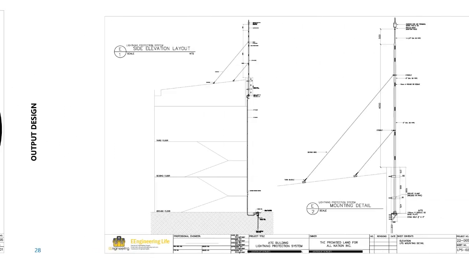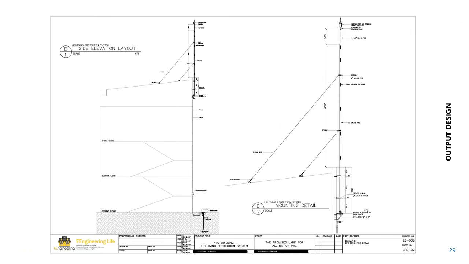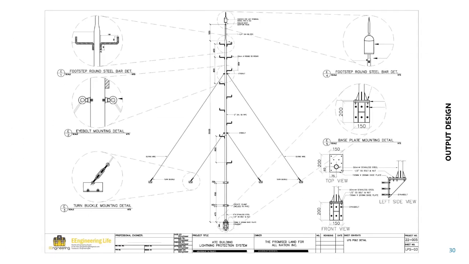And so the elevations and the mounting details, I included on sheet number 2, sorry. And then the LPS pole details. That's it. You have three basic sheets. There might be an additional sheet, but basically these three sheets can now provide our LPS design.